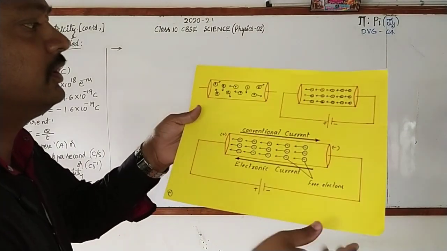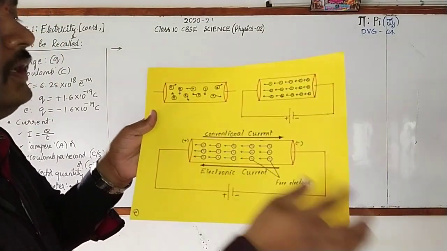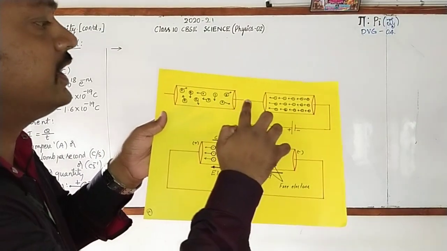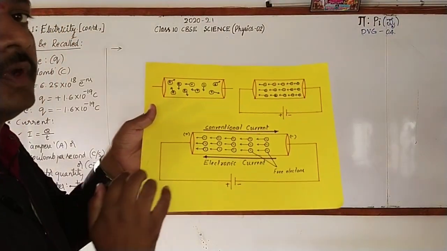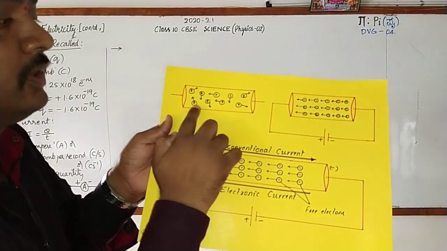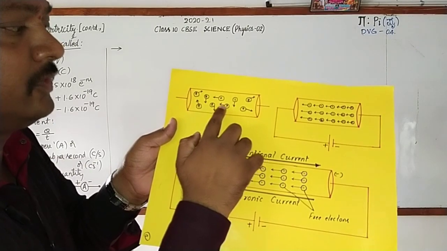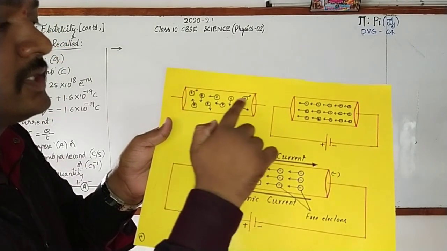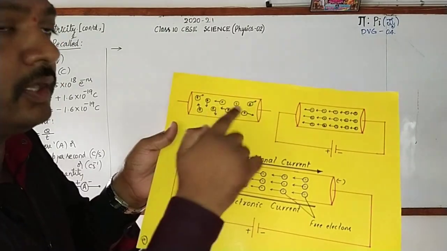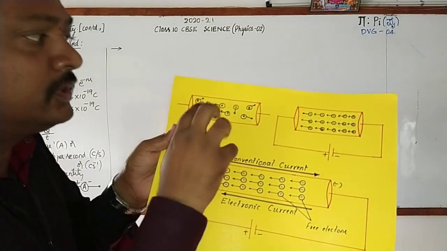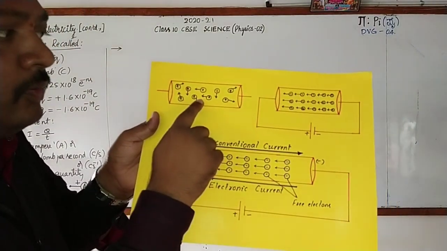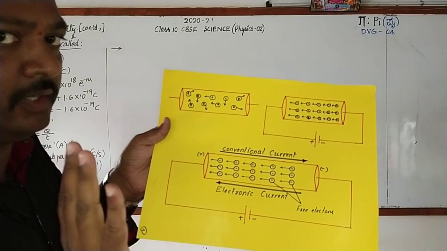Look here. This is the conductor whose free ends are not connected to terminals of a battery. Here I have taken the enlarged part of the conductor. These are the charged particles, nothing but electrons. So these charged particles are moving randomly. This is the movement of electrons in the conductor when it is not connected to a battery.